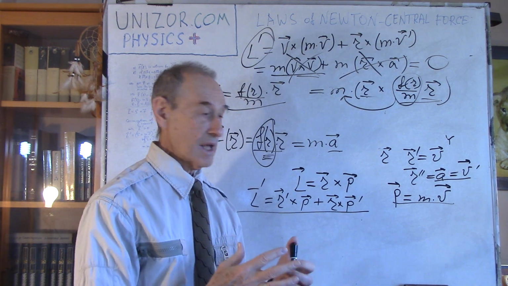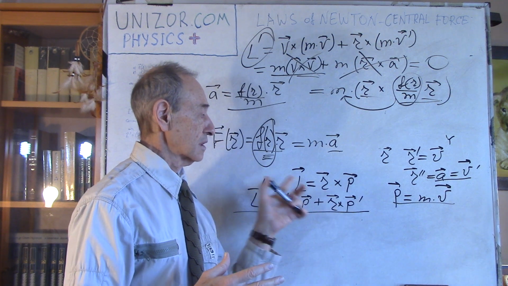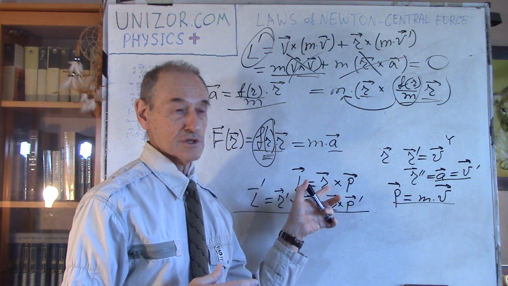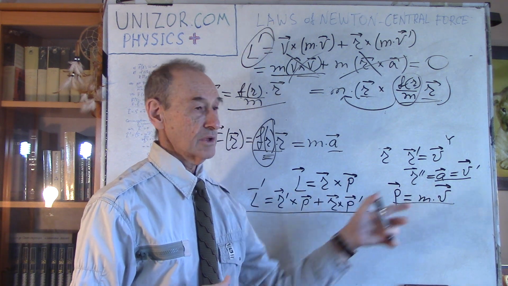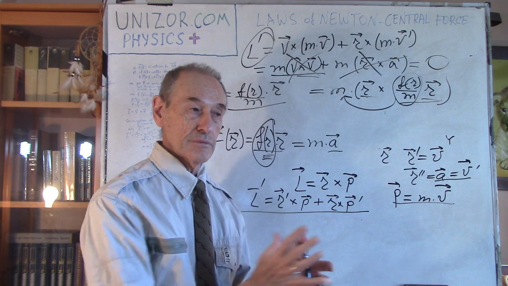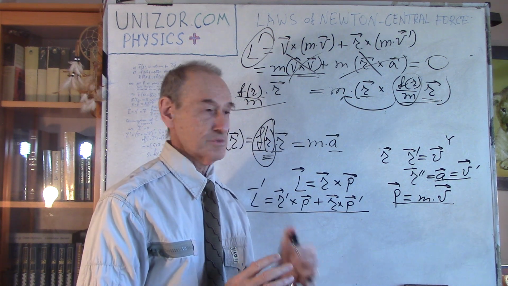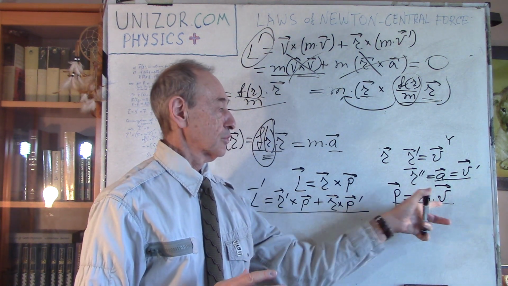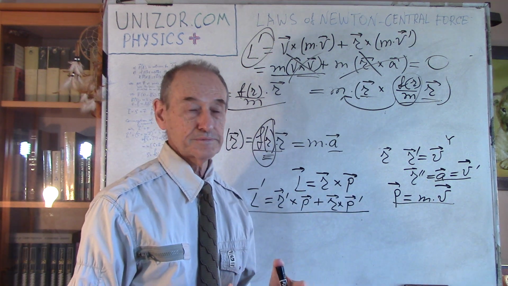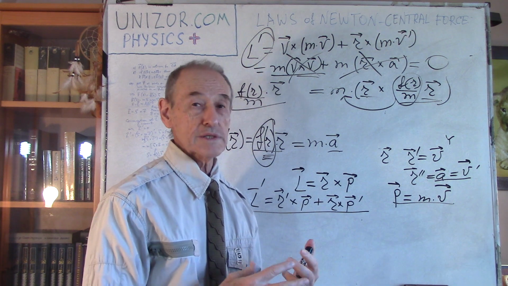But the vector product of the position vector and velocity, that is, of r and p, would be the same. Or vice versa.